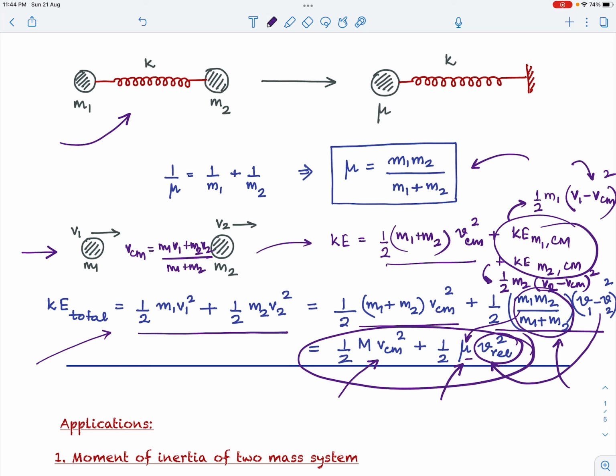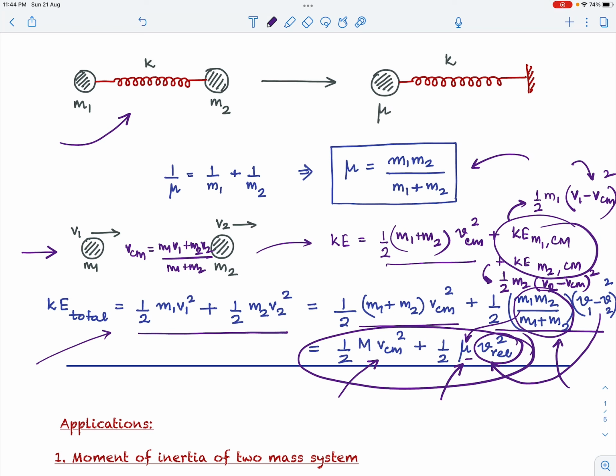I am using this expression to write the kinetic energy, plus the second term will be half mu, the reduced mass, times (V1 minus V2) whole squared. There will be no potential energy in the system here, because initially the spring is in its natural length.